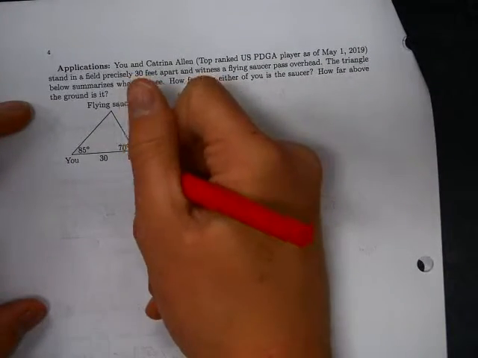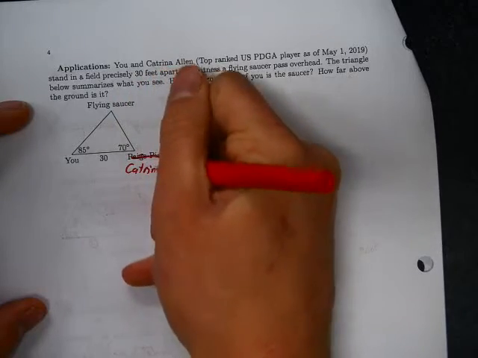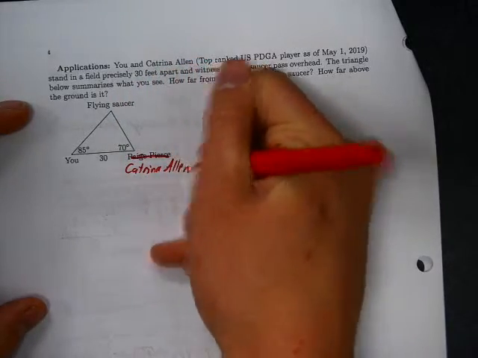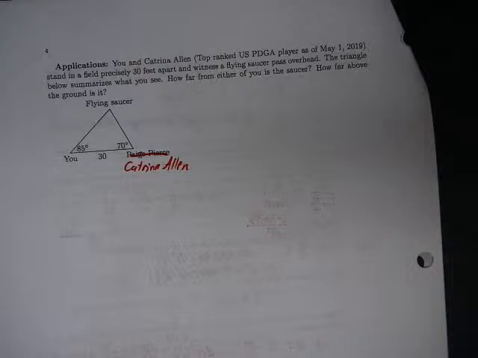Let's see it happen. So, you and Katrina Allen, who happens to be the current top-ranked US PDGA player, are standing in the field and see a flying saucer pass overhead, as should be absolutely not surprising given the context.